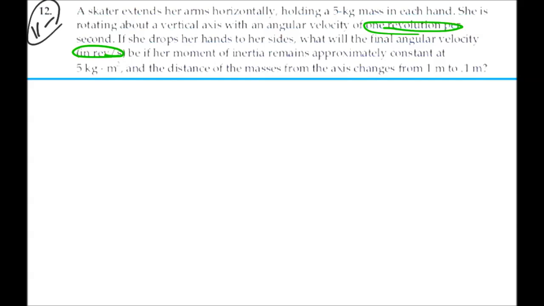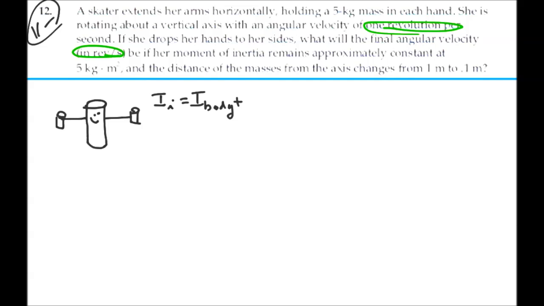Let's model the skater as some kind of moment of inertia associated with the body, and then she's holding out these two masses at arm's length. So her initial moment of inertia is going to equal the moment of inertia of her body plus the moment of inertia of each of these point masses.